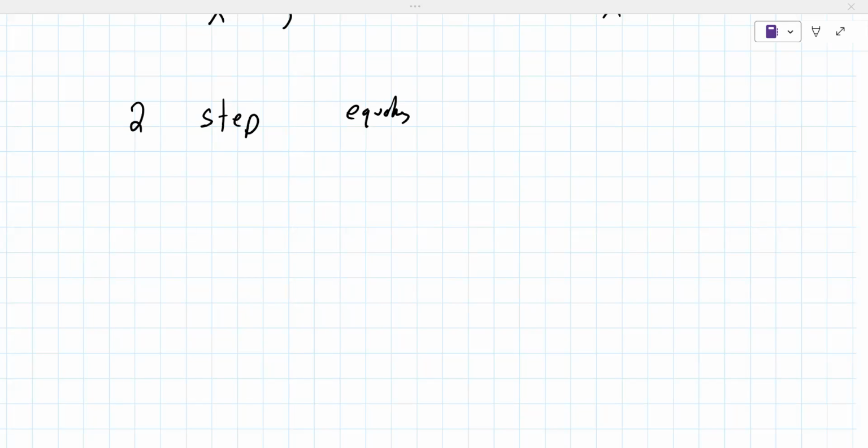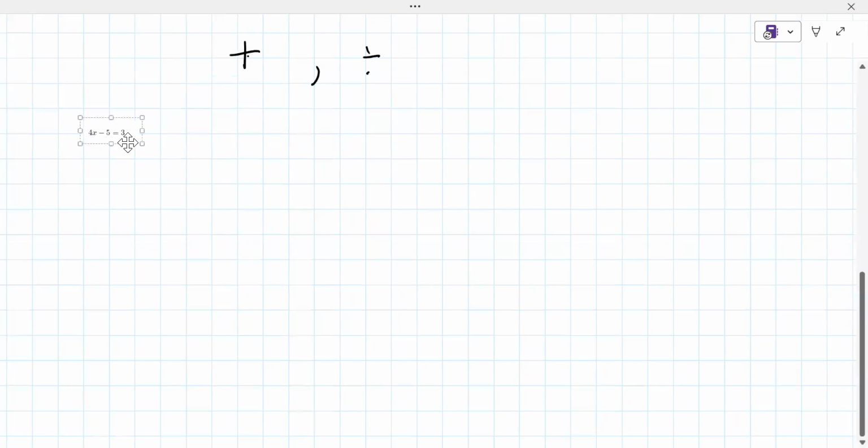Now I'm going to give you the same types of questions to look at. There are actually 4 types of two-step equations. The first one you solve by first adding and then dividing. I'm going to give you some examples of that now. For the ones in this grouping, we're always going to add and then divide.